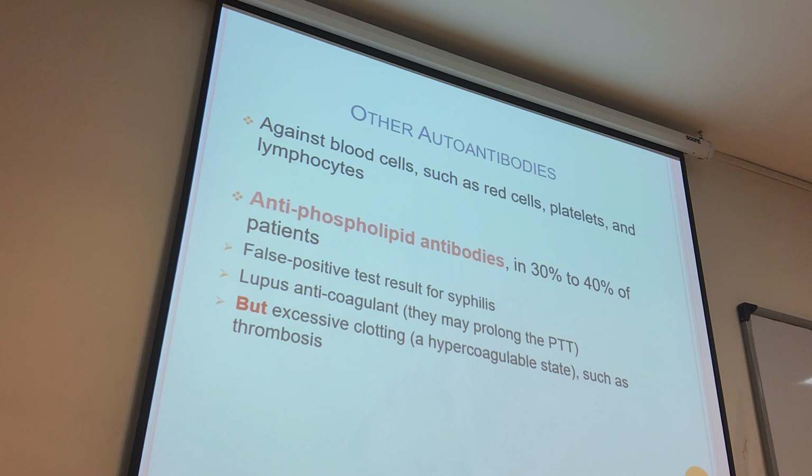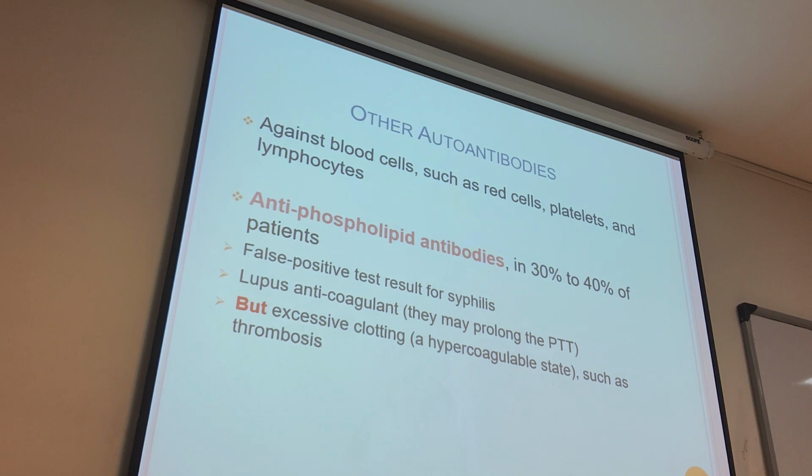In antiphospholipid antibodies, we have some antibodies that cause coagulation. So these patients have recurrent thrombosis. For example, the antibodies are lupus anticoagulant antibody, anticardiolipin antibody, or sometimes there are some antibodies that cause false positive test for syphilis.